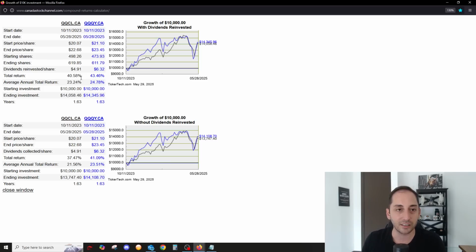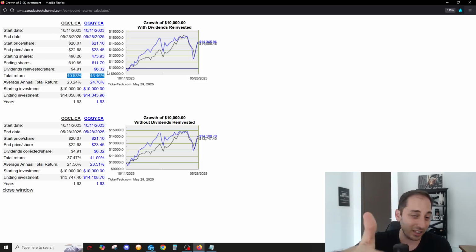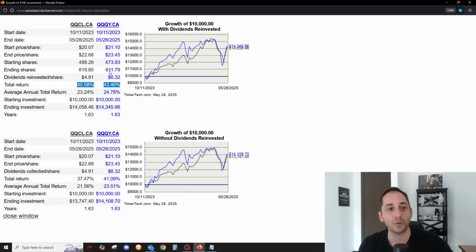Because you're isolating the technology stocks, and we know that technology stocks have done really, really well in the last couple of years. So QQQY, in terms of total return, I have to admit, like it says here, the numbers don't lie, is outperforming QQCL. Will that continue? I don't know. If technology companies keep outperforming the Nasdaq 100 index as a whole, then it should keep happening.